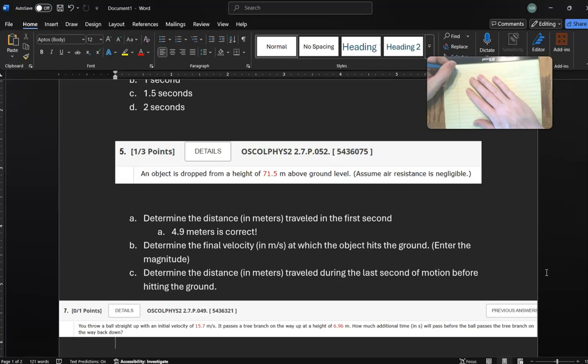So in this case, I wrote down all the questions beforehand, so I kind of knew what I was getting myself into here. To start off, we're actually going to start off by finding the time, and then once we know the time, we can calculate the final velocity.